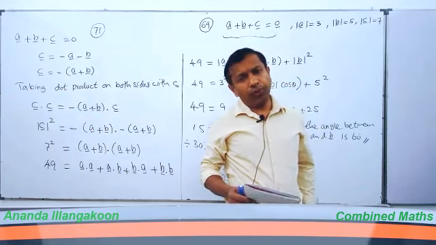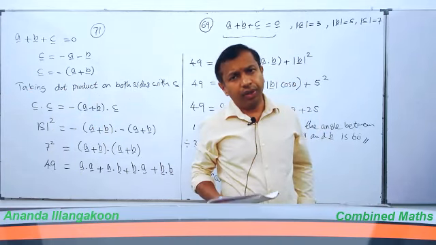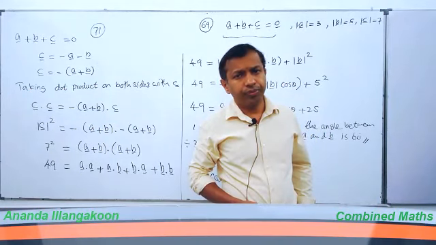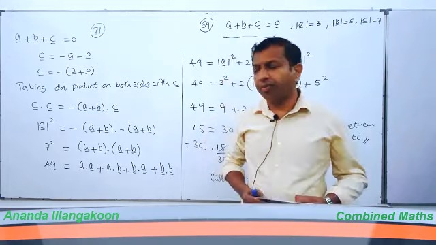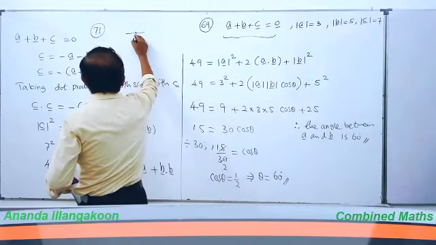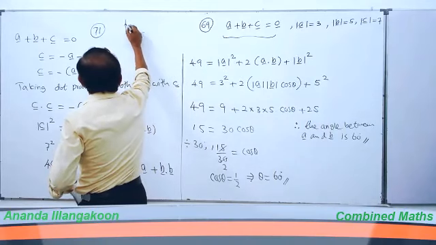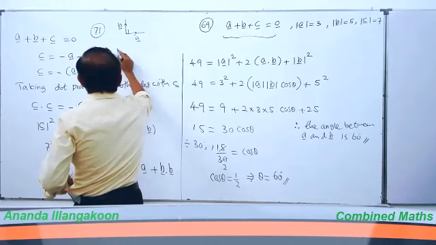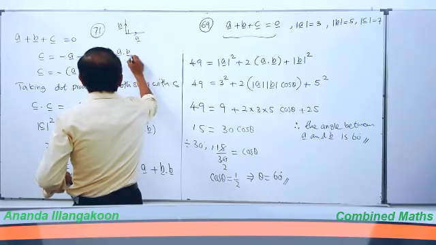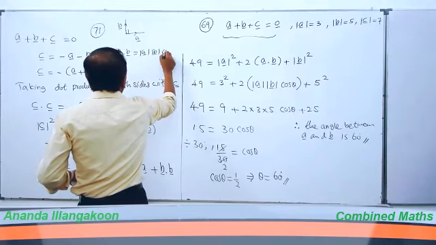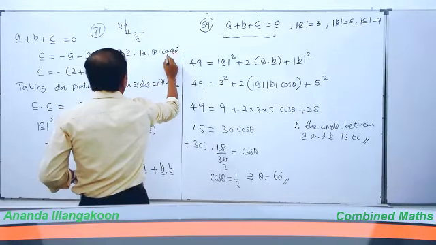You know, when A and B are two vectors perpendicular to each other, what can you say about the dot product? Suppose this is vector A, this is vector B. Then how to write A dot B? Mod A, mod B, cos 90. What is cos 90?